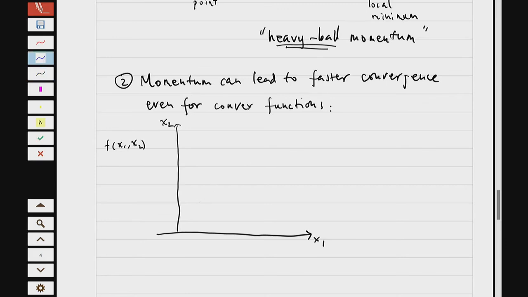First, I will draw the contour lines, which will be a bit unusual, of course. I have two directions, u1 and u2, and then the contour lines are along them like this.